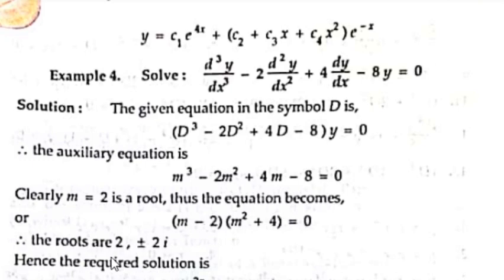Now see, this one is real. For this root we have the solution c1 e raised to 2x, correct? Next, whereas this root is complex, it is not real. So how do you write the solution when the 2 roots are complex?